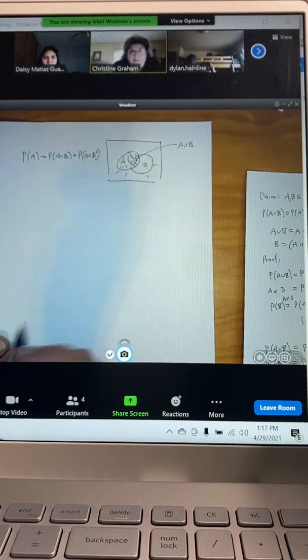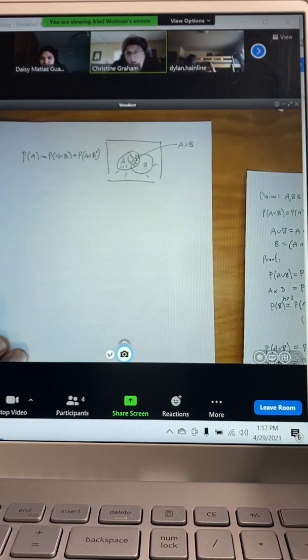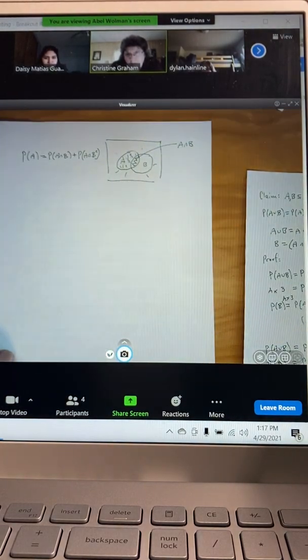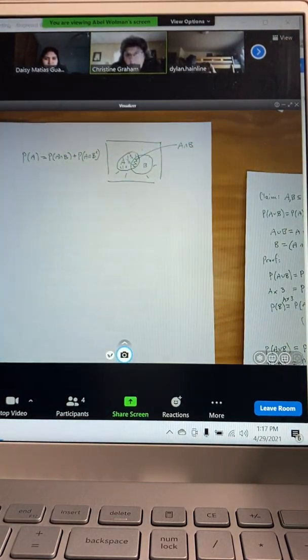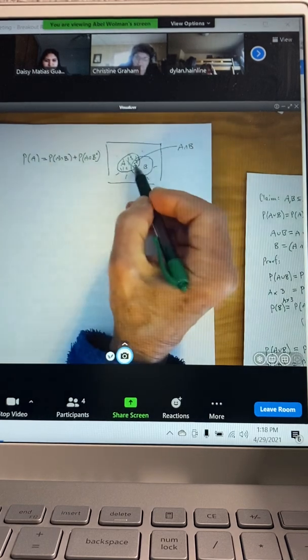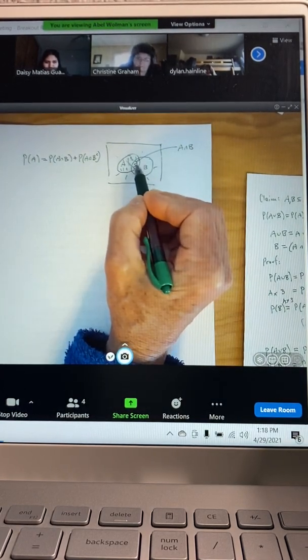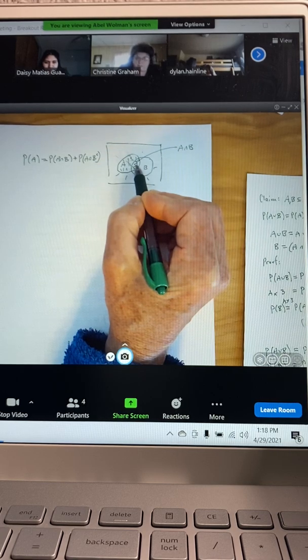Okay. So the B complement is everything outside of B, which includes part of A, yes, right? Except for the part in here, because that's in B too. Right?